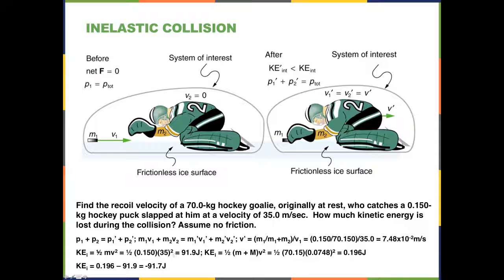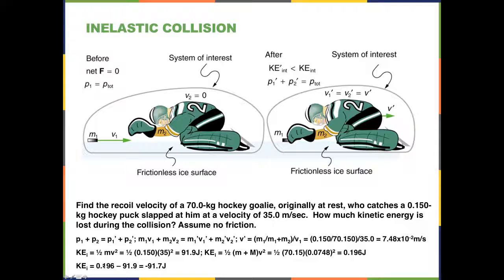The internal kinetic energy is 1/2 mv squared, which before the collision is 1/2 times the mass of the puck times its velocity squared, or this value here, 91.9 joules. After the collision, it's 1/2 of m plus big M for the goalie times the new velocity squared. The big M is now 70.15, and the new velocity is given here squared, and we have a total kinetic energy of 1.196.